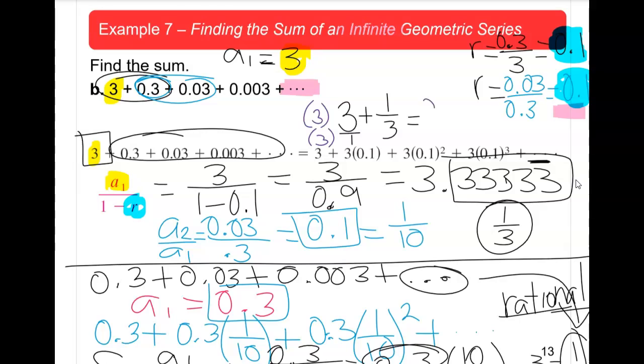So it will be the equivalent to 9/3. So that plus 1/3 will give us 10/3. So if WebAssign doesn't want an answer in decimals and they want the exact answer, it will be 10/3.